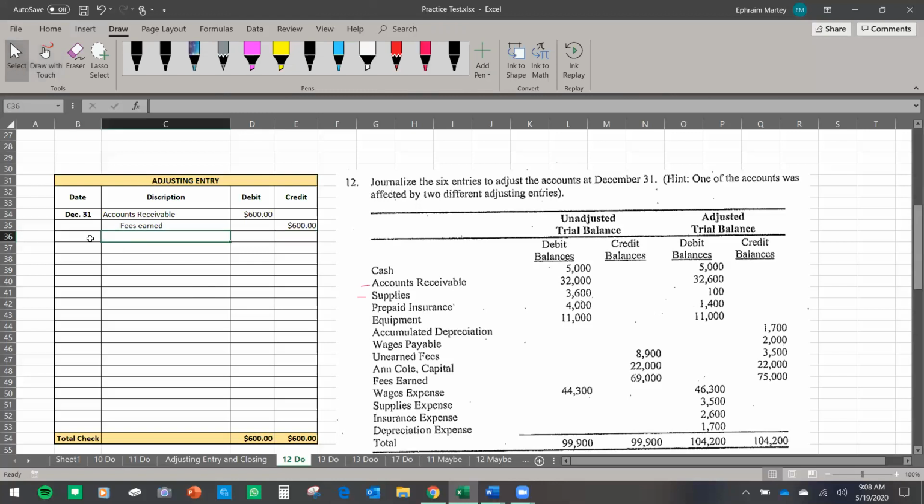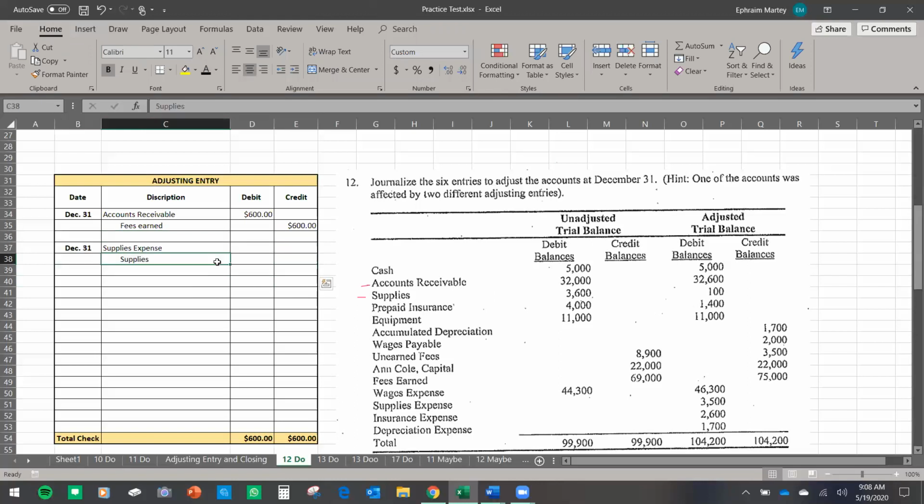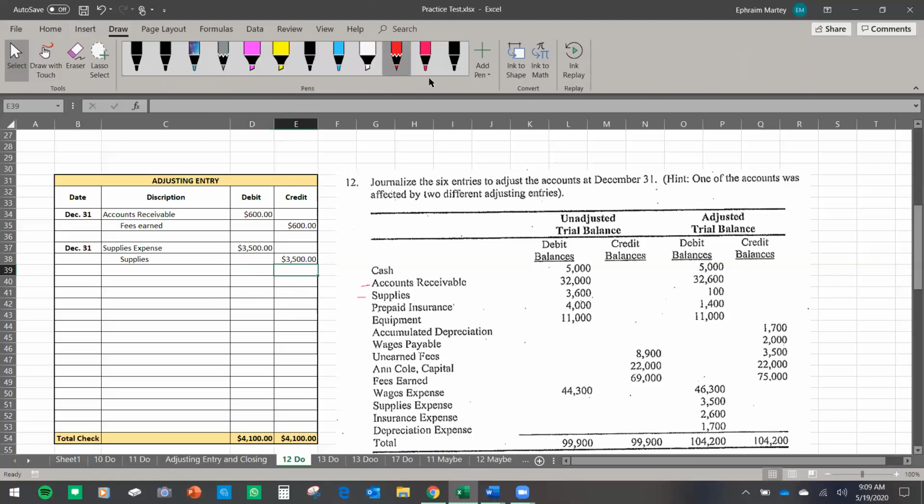So supplies expense increases by the difference here: 3,600 minus 100. That is our supplies expense, and we're going to decrease supplies by that same amount. Now we're done with that one.